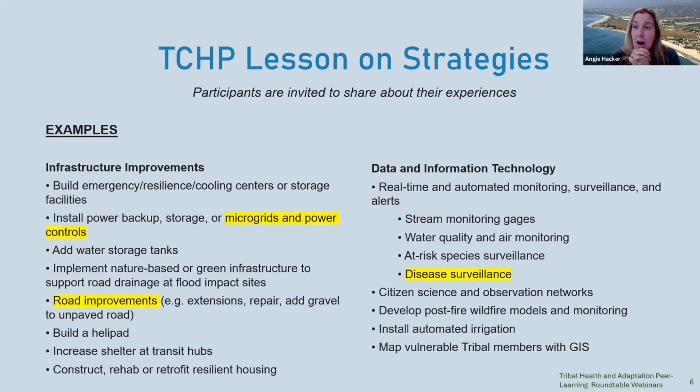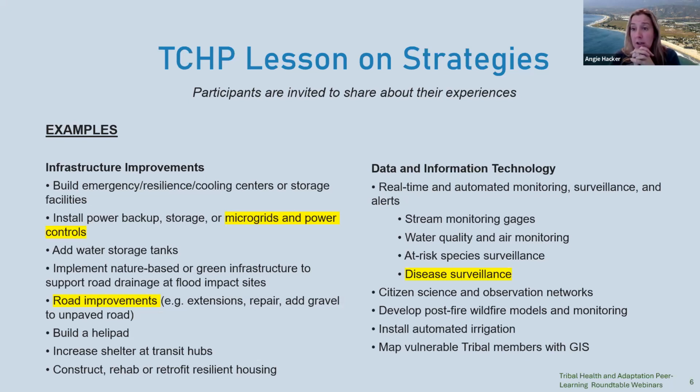Another one, if it's really hot and you have people that are relying upon public transit, like buses, you can increase the amount of shelter at those hubs. Or say you're going to construct brand new housing, you would potentially think about ways to make that resilient housing. So what does that mean? It could look like wildfire resilient materials.